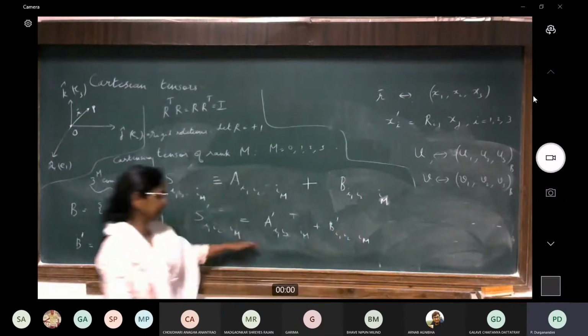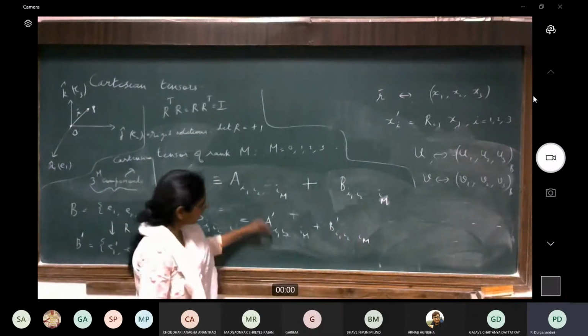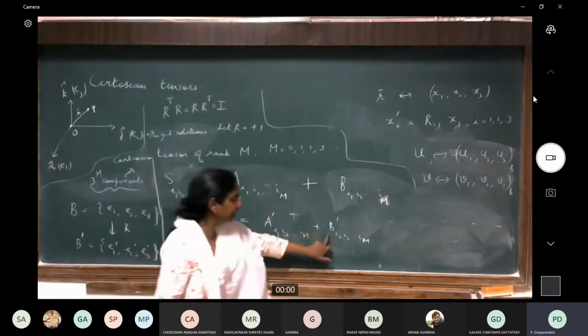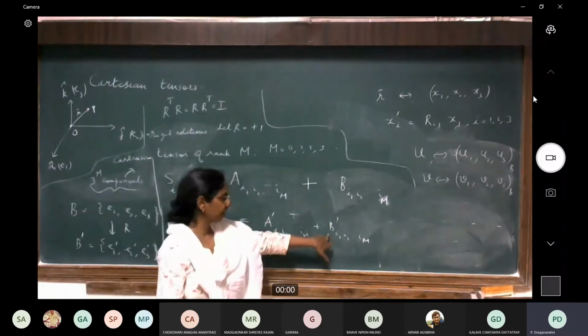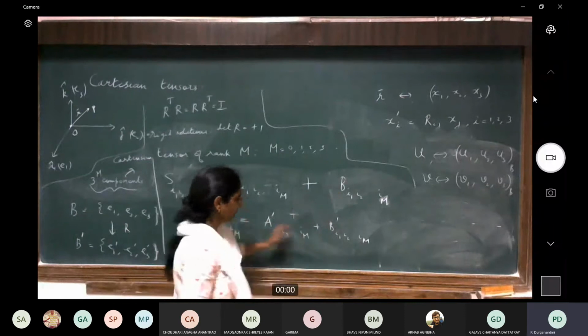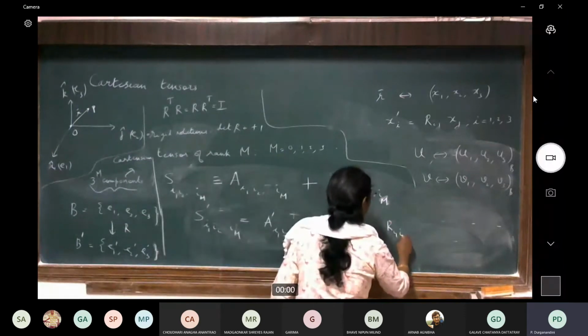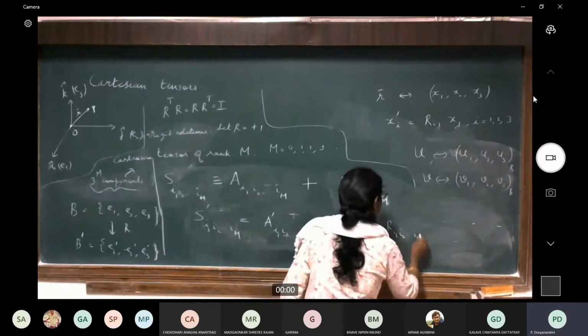Okay, this is by definition. But we know that A is a tensor of rank M, so we know how this transforms. Again, B is a tensor of rank M, so we know the relation between B prime and B. So I use that. The relation will give me I1, I2, Im.